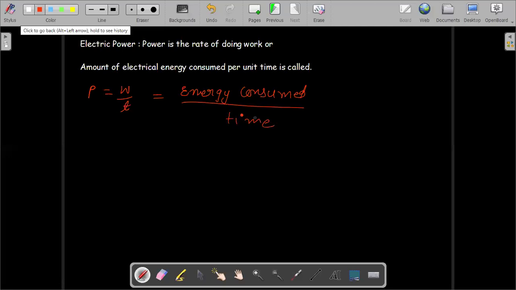Got it? So let's obtain the formulas for power. As in the previous cases, we have obtained the formula of energy, so just dividing it by time will give us the amount of power.